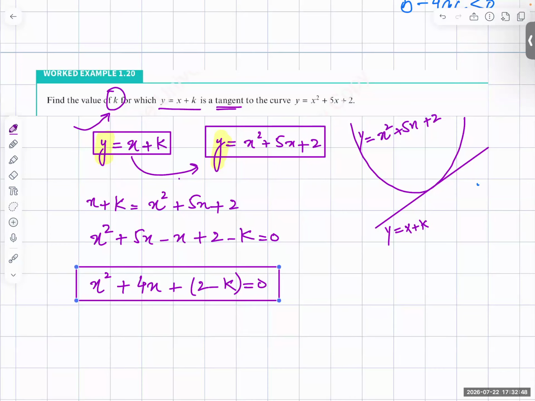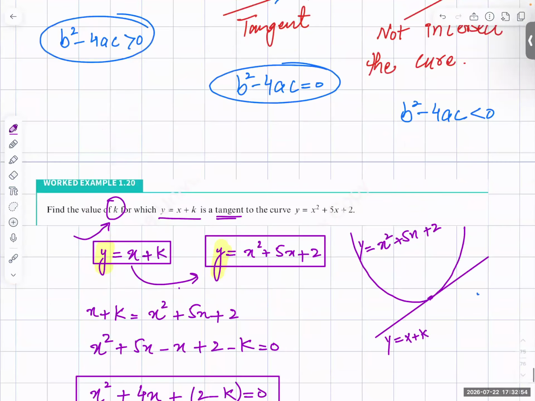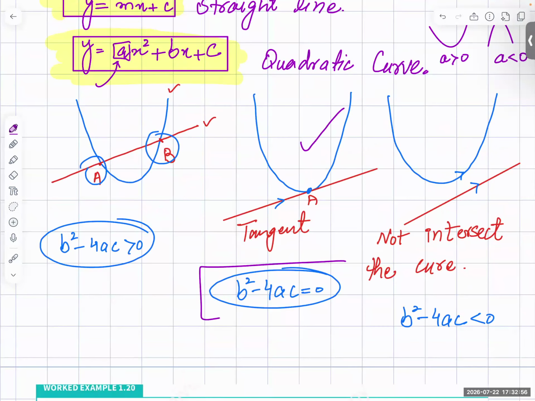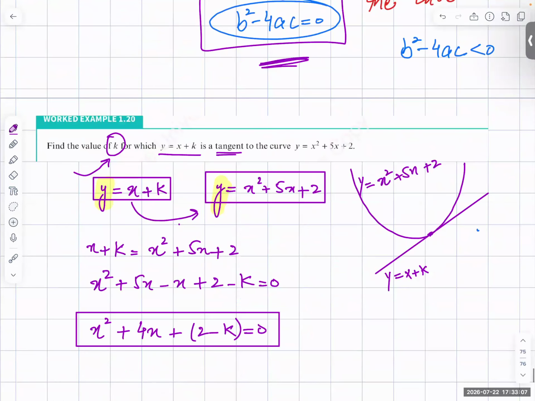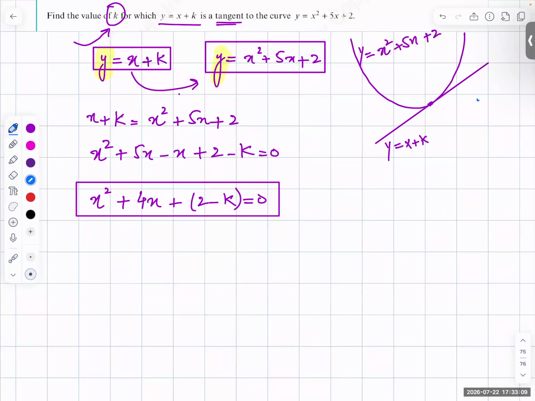Now, if this quadratic equation is to be tangent, then for tangent, we learned that b square minus 4ac must be equal to 0. You'll do a couple of questions and then you'll memorize it automatically. No worries. So if it is tangent, then your discriminant must be equal to 0. You just need to know what your a value, b value, and c value are.